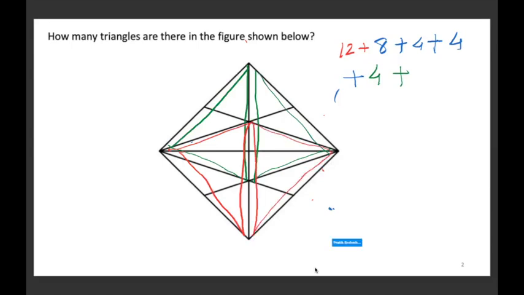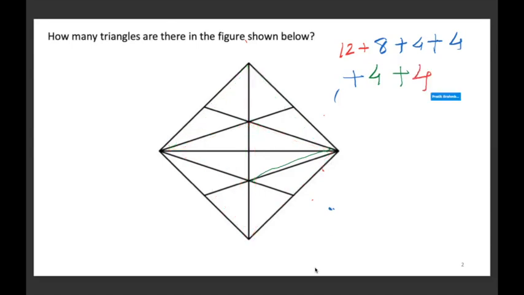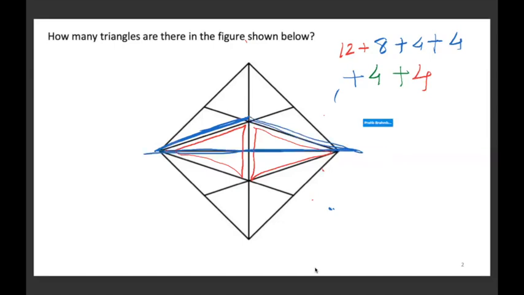So plus 4. Besides this, we can find this triangle and this triangle. And we can also find this triangle and then the same triangle on the opposite side here. So plus 4.